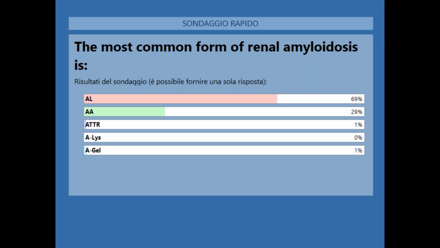Okay, perfect. So about 2/3 of the audience gave the correct answer, AL amyloidosis, and 1/3 answered AA amyloidosis.